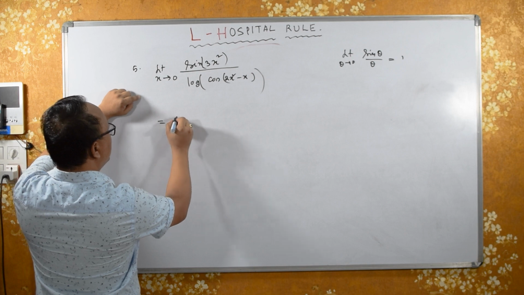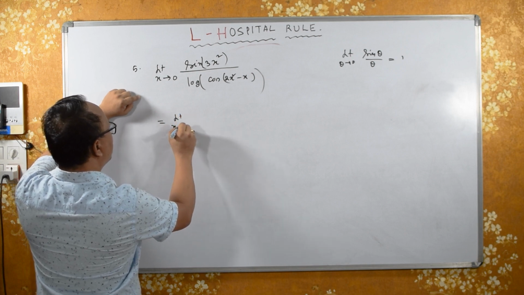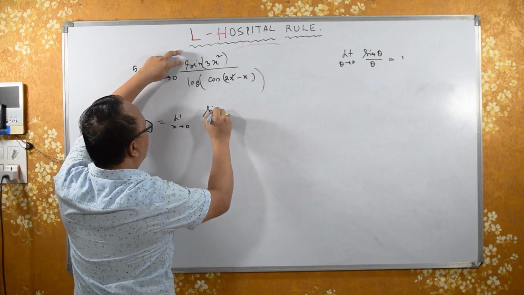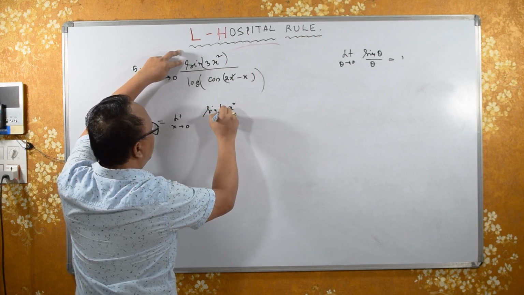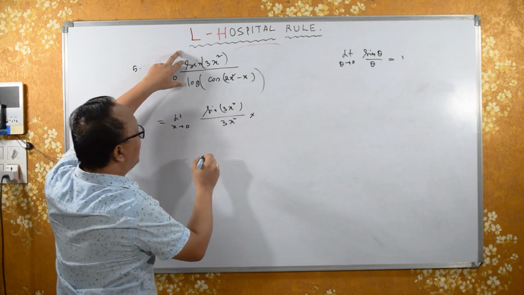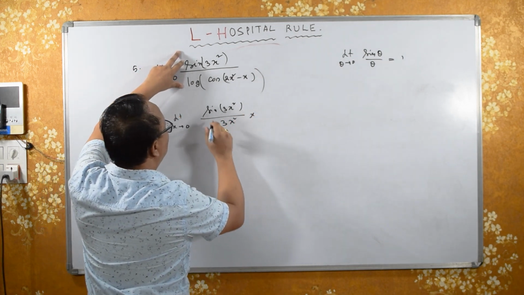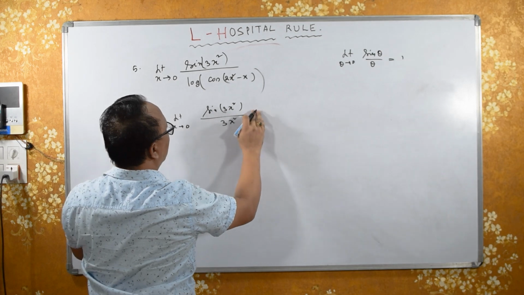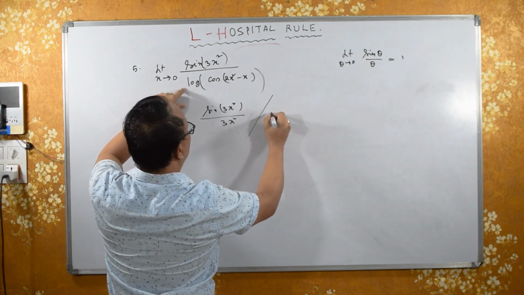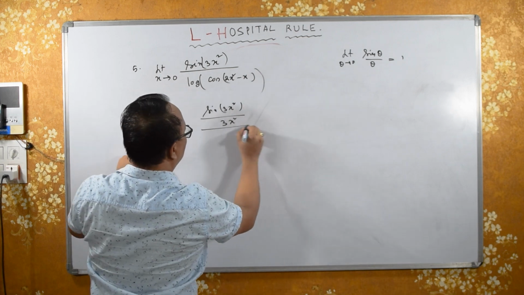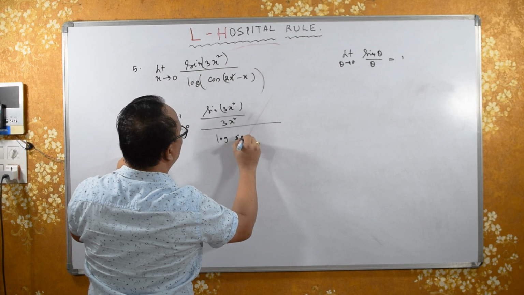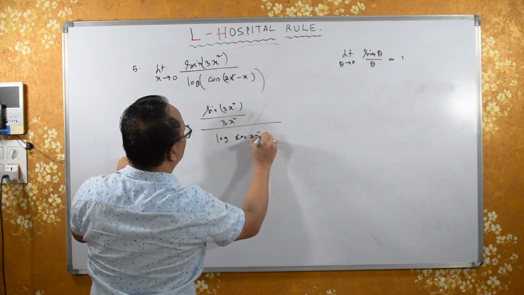Now this is the same as limit of x tends to 0 of sine of 3x square upon 3x square, into, dividing numerator and denominator by 3x square, 3x square upon log of cos of 2x square minus x.